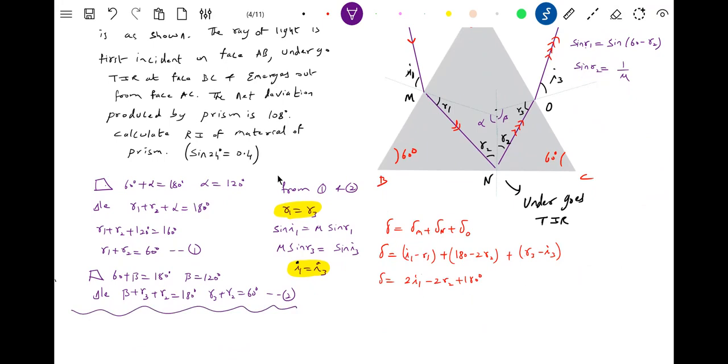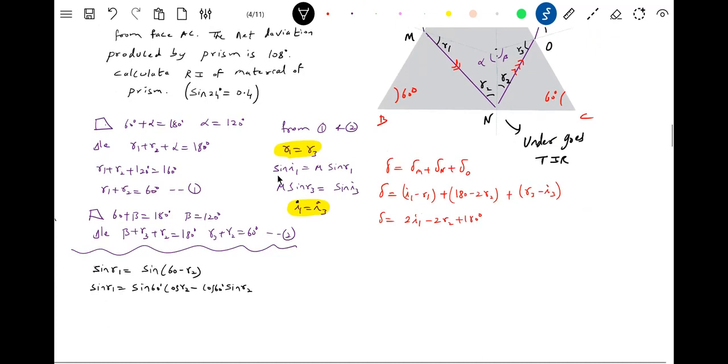Let me continue. Sine R1 equal to sine of 60 minus R2. Expanding this, sine 60 cos R2 minus cos 60 sin R2.